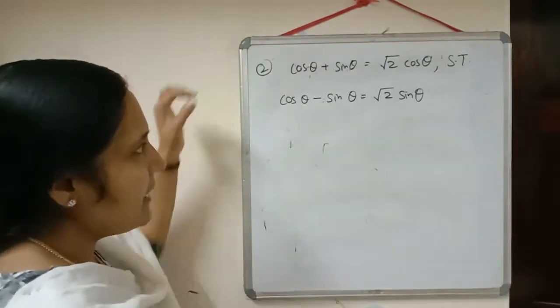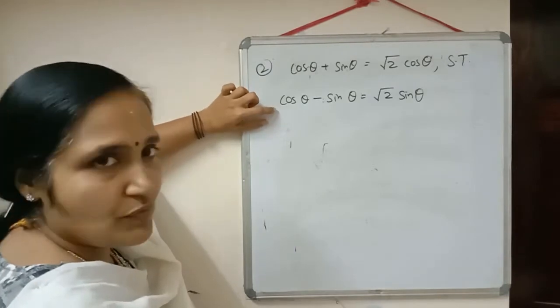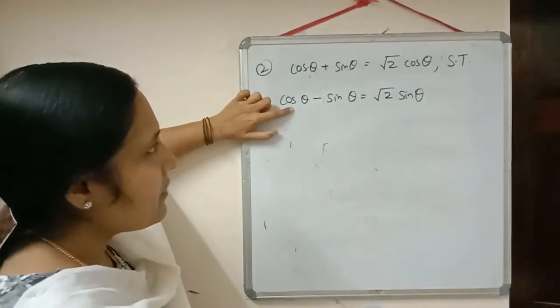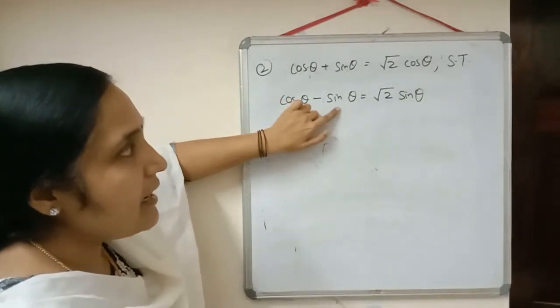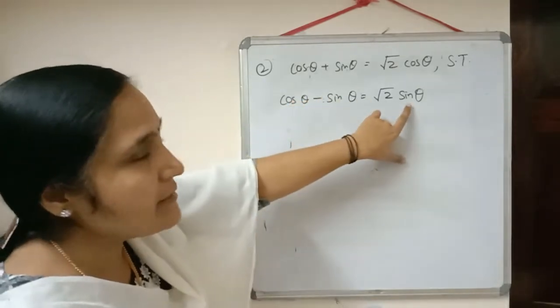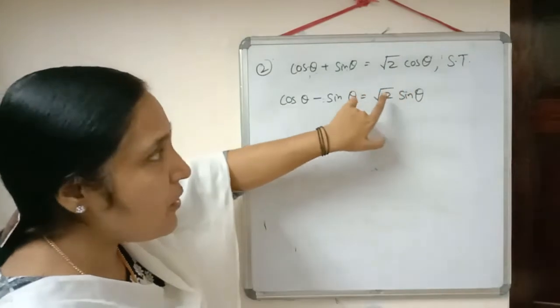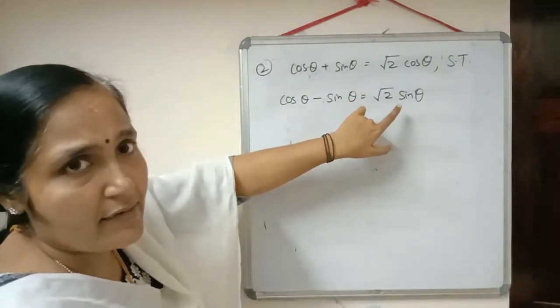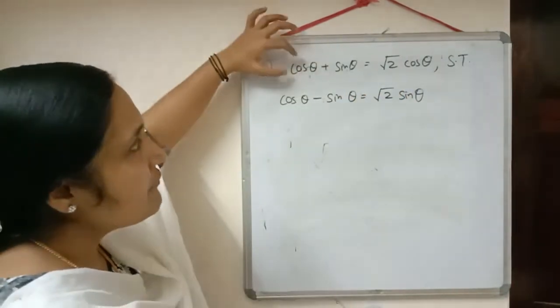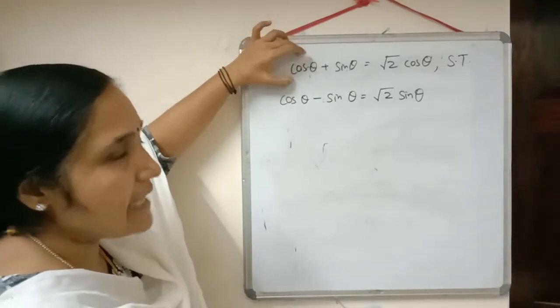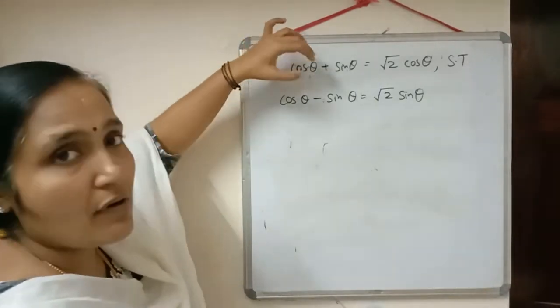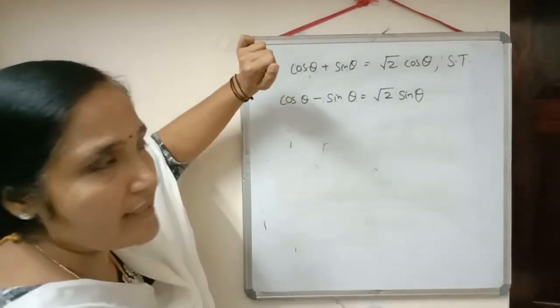Now you can check here. One thing we have to prove: in cos theta minus sin theta, we have to convert cos theta in terms of sin theta. We don't want cos theta in the right hand side. So for that, from the given information we will check how we can rewrite cos theta in terms of sin theta.